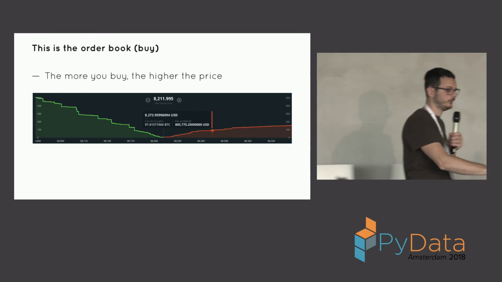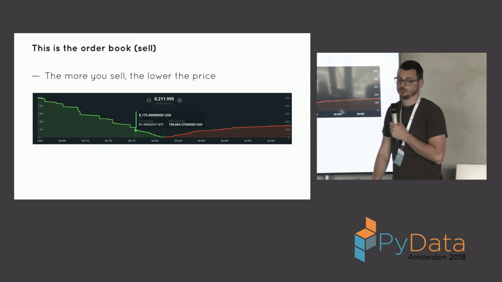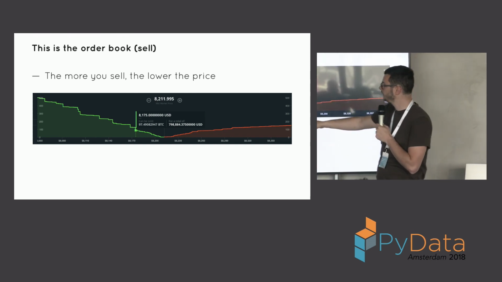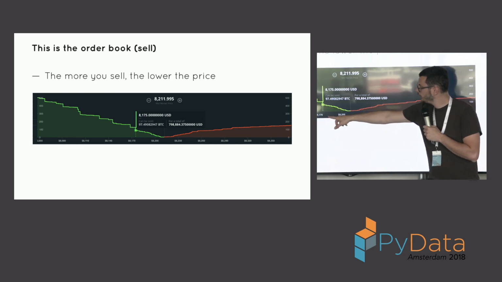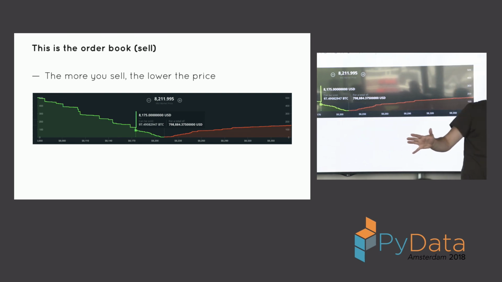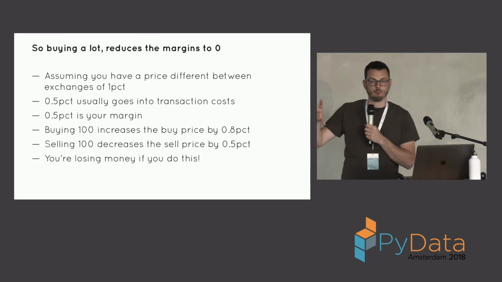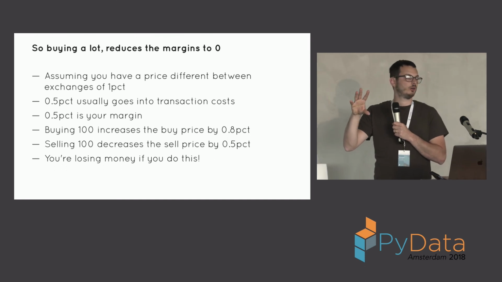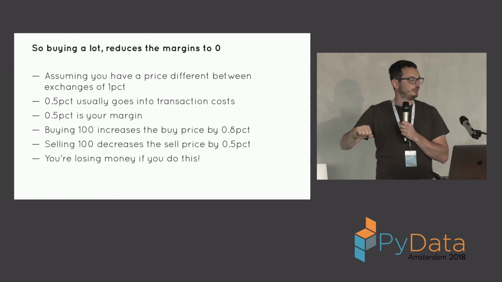On the other hand, if I want to sell 97 Bitcoins, short sell, the price won't be this, but will be 8,175 or something. That means that you are eating your revenue if you buy 97 at one time. So you need to buy a bit, wait for the market to stabilize, and buy a bit more while the arbitrage is open.